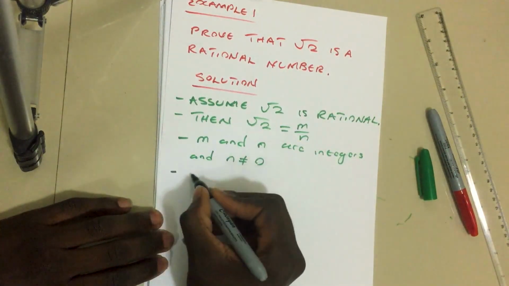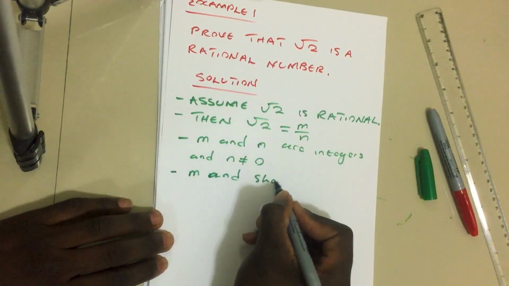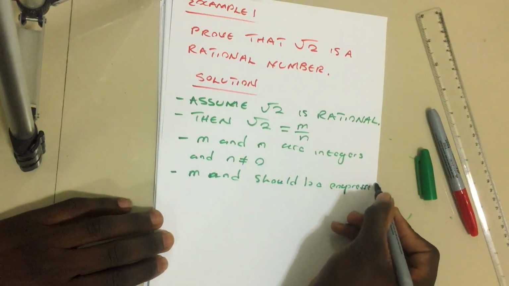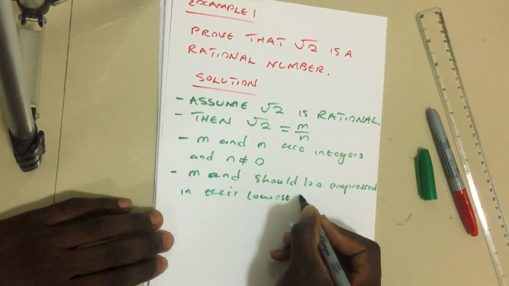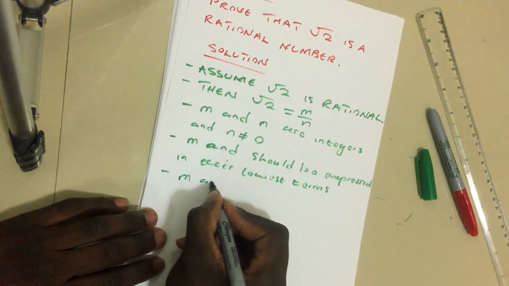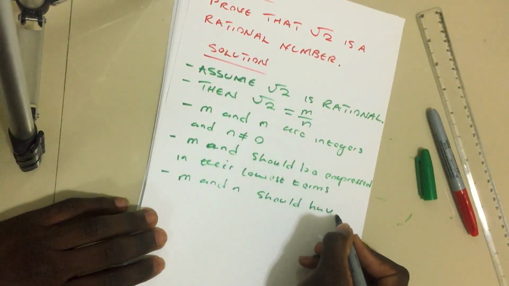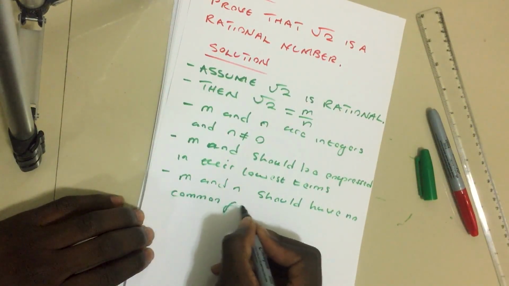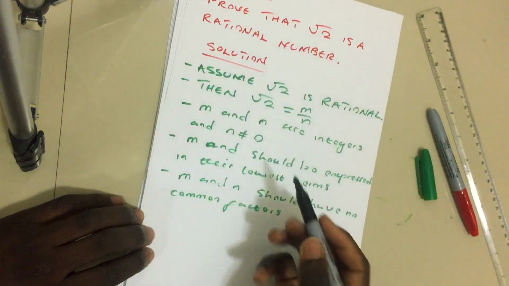Also, m and n should be expressed in their lowest terms, so m and n should have no common factors. This is everything that you need to include in your solution when you're trying to prove that the square root of 2 is irrational.